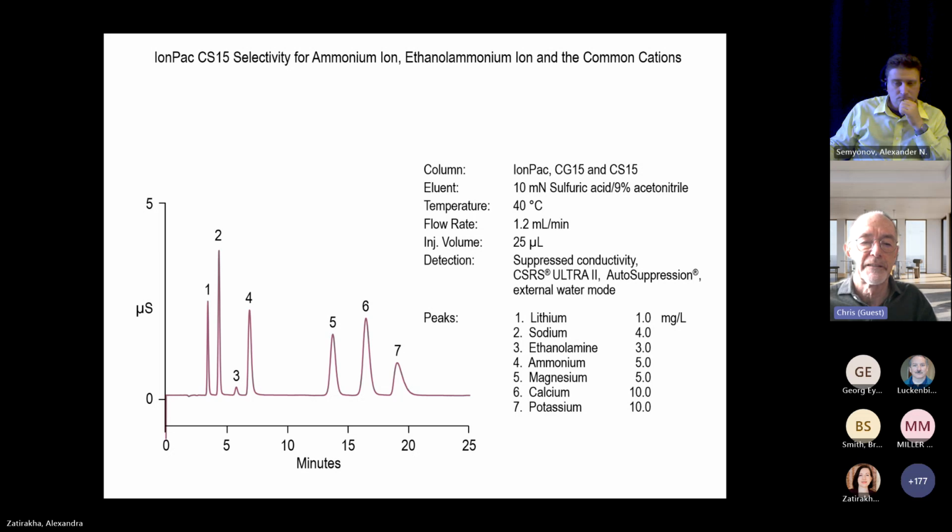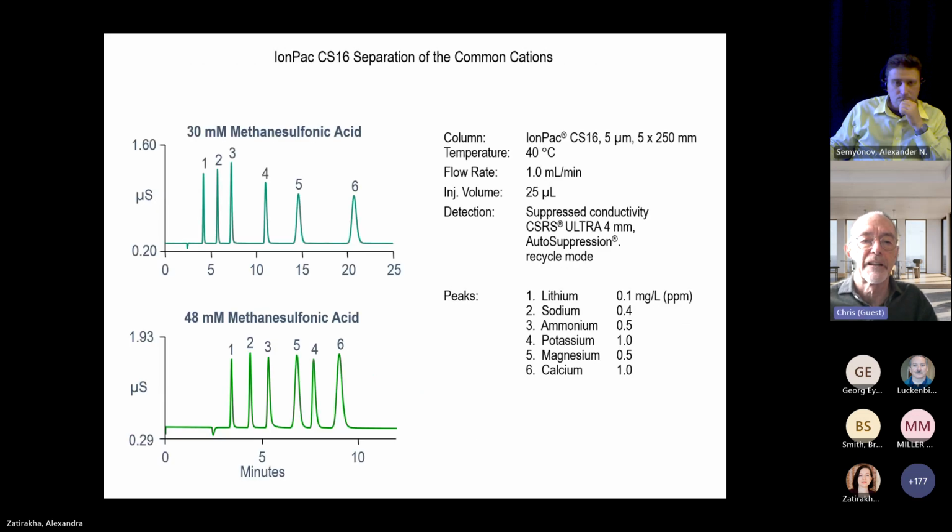Next slide, please. But then Maria Ray, who was the chief developer of most of these cation columns, developed a CS16 column to target the same kind of thing, but in this case, get the better sodium to ammonia separation by really raising the capacity of the column.